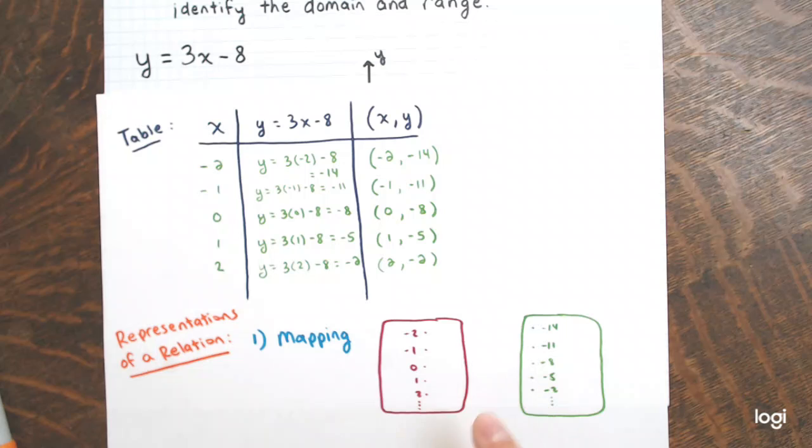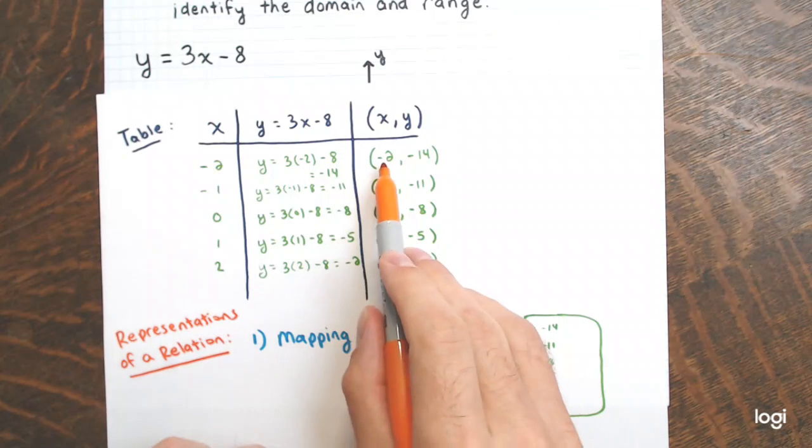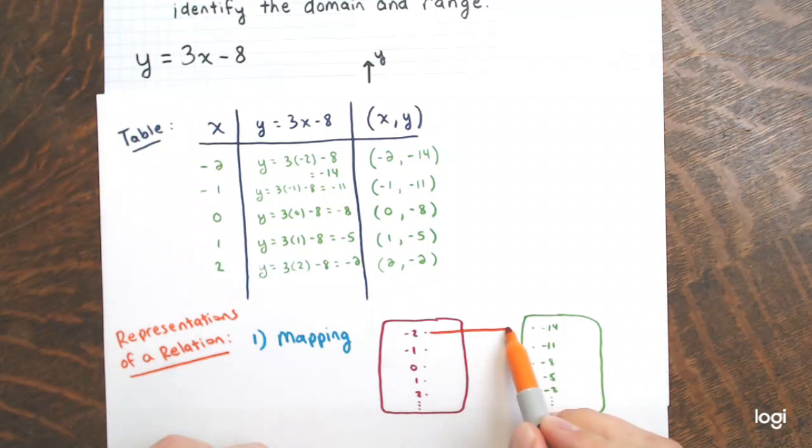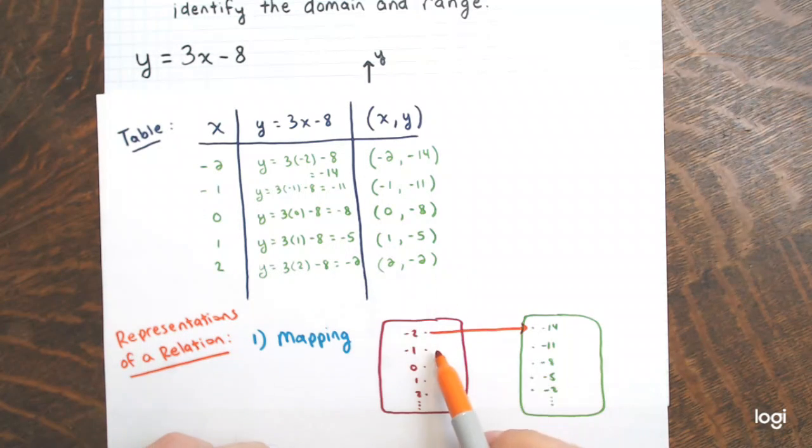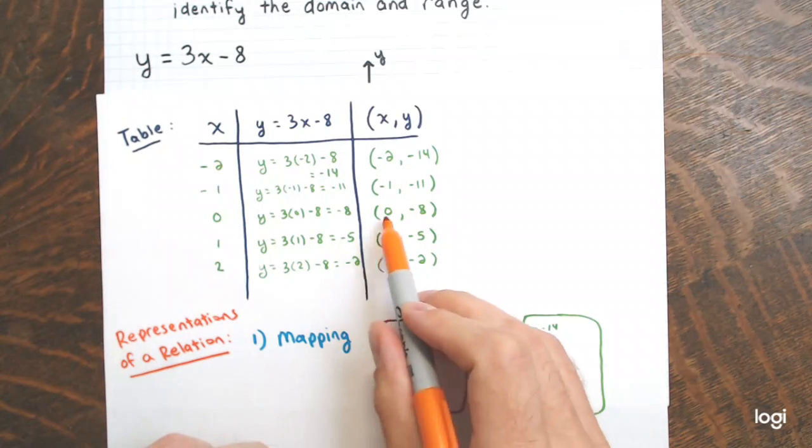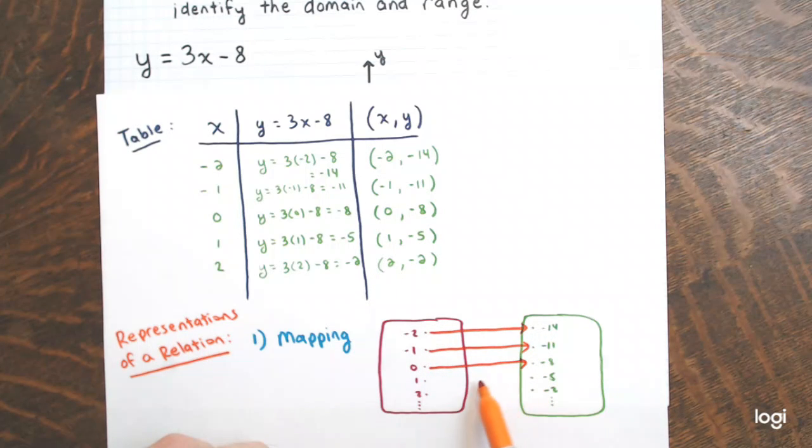So I could put these 5 up, and then I have an arrow showing the relationship. -2 corresponds to -14, -1 corresponds to -11, 0 corresponds to -8, and so on. 1 corresponds to -5, 2 to -2. But again, there are infinitely many.